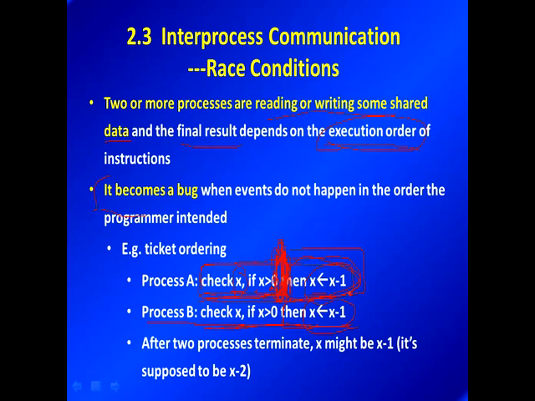Why is it called a critical region? Because they share this data X. They both need to read and write to this X, and while one process is already reading or writing this variable, the other processes are not allowed to get into their critical regions to access this shared data.